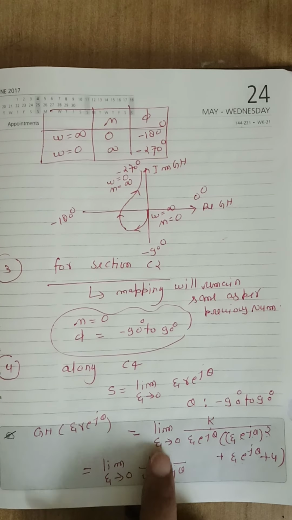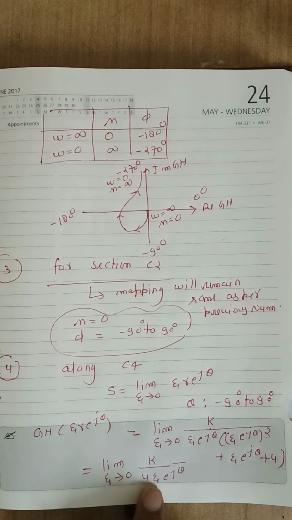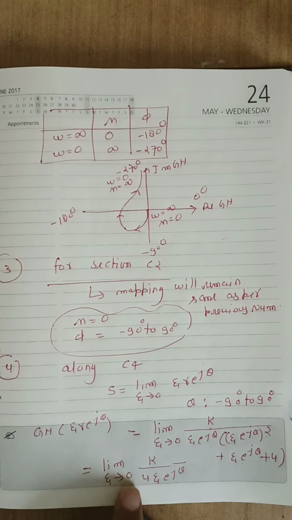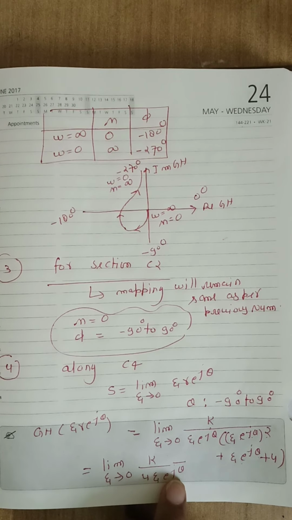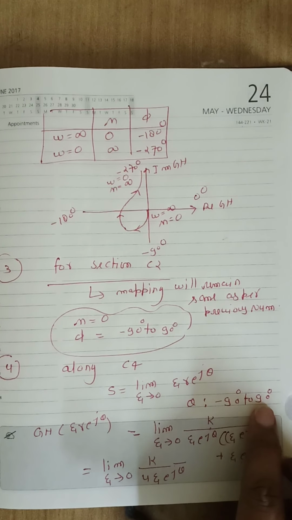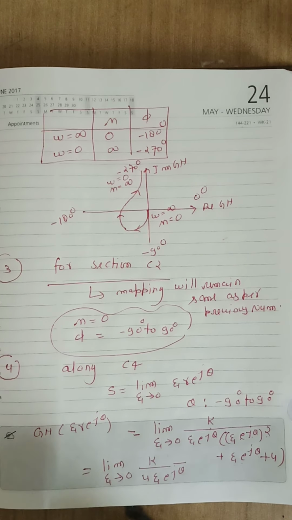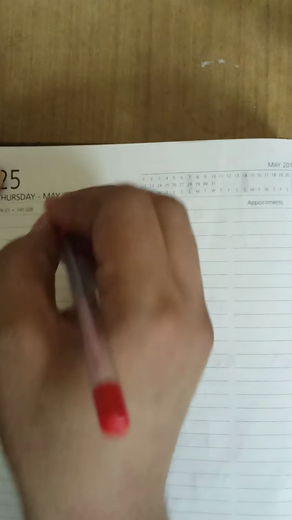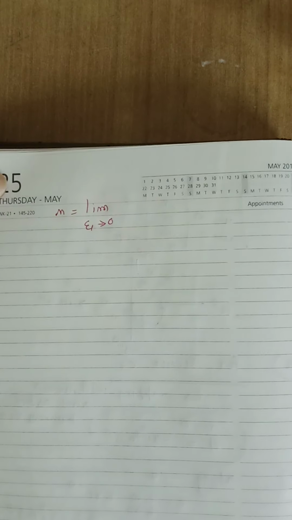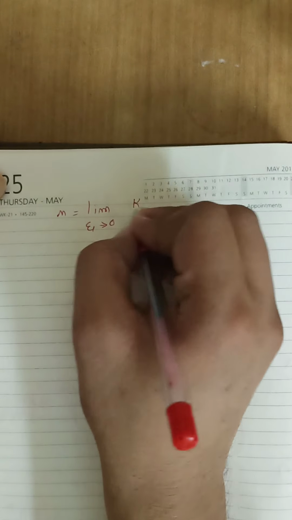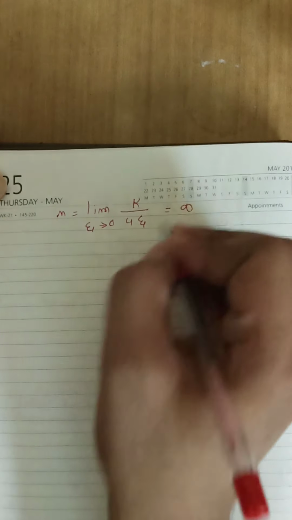So here magnitude becomes K over 4 epsilon as epsilon tends to 0, and we can define phase angle with the help of e to the power minus j theta. So we have phase angle minus theta, and you know theta will vary from minus 90 degree to plus 90 degree. So here phase angle is from 90 degree to minus 90 degree. So we can write magnitude: limit epsilon tends to 0 of K over 4 epsilon means infinity.